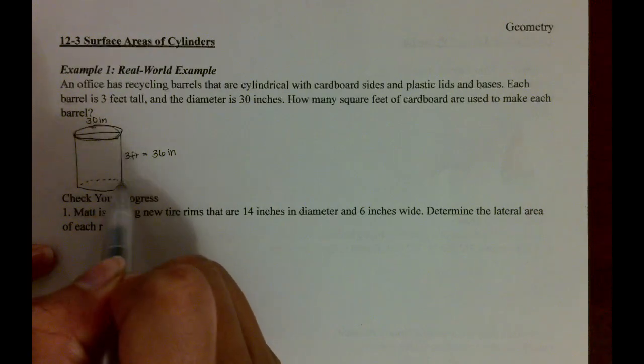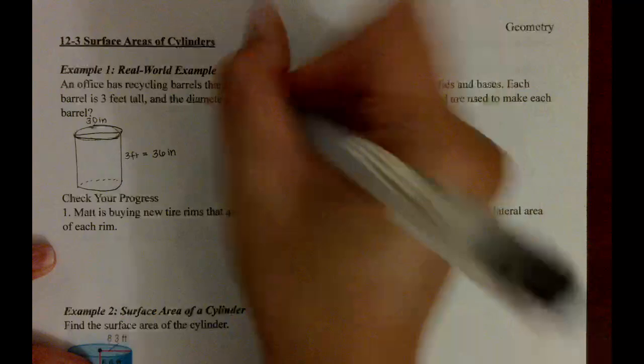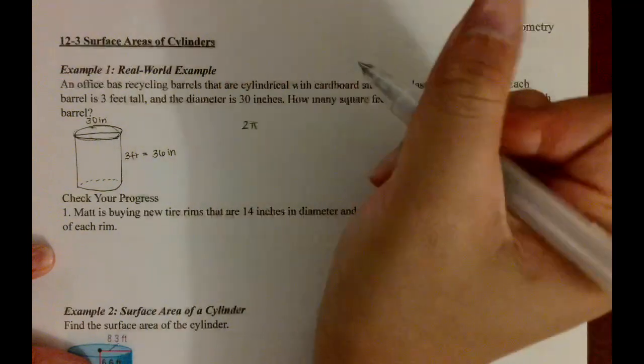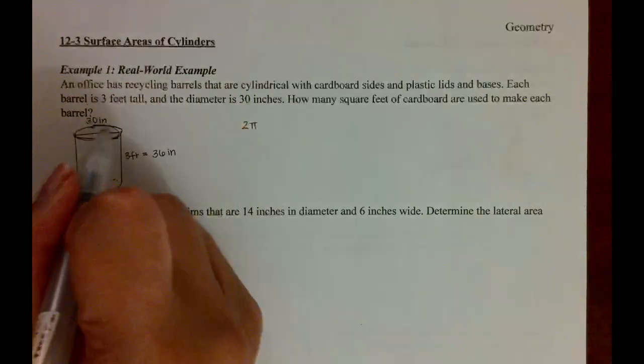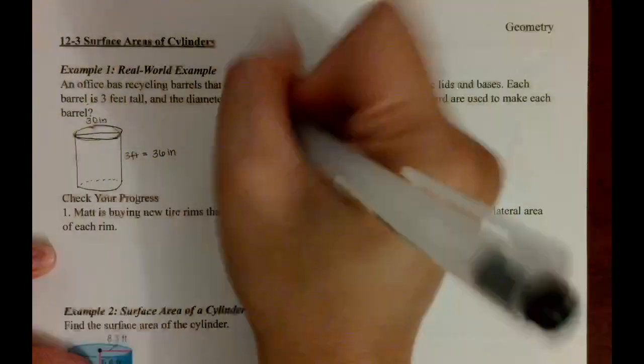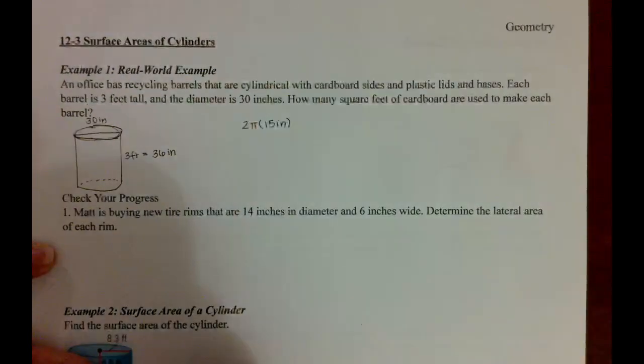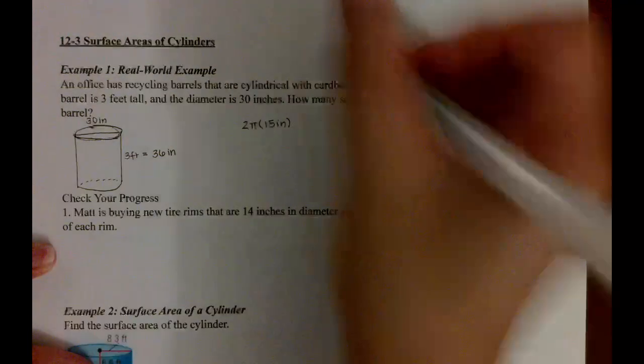And this is the height of that rectangle. So the circumference is 2 pi r. Here, if the diameter is 30, that means the radius is 15. Okay. And then the height of this is 36.